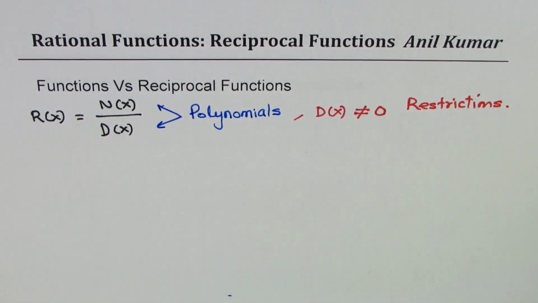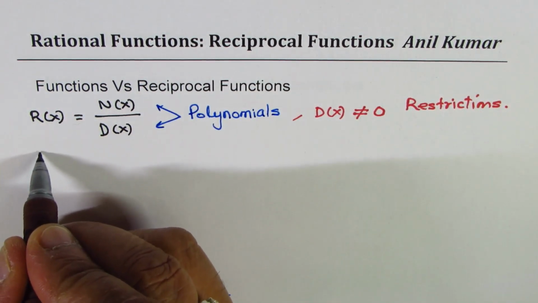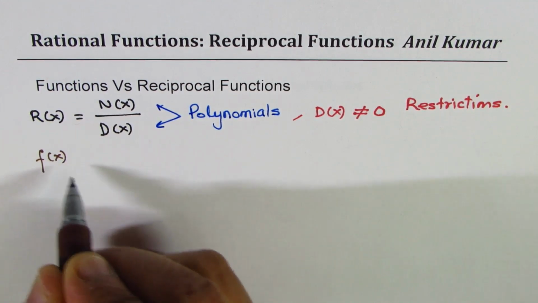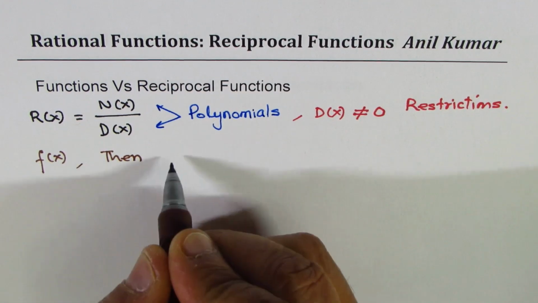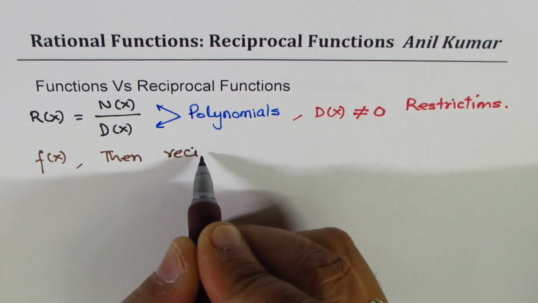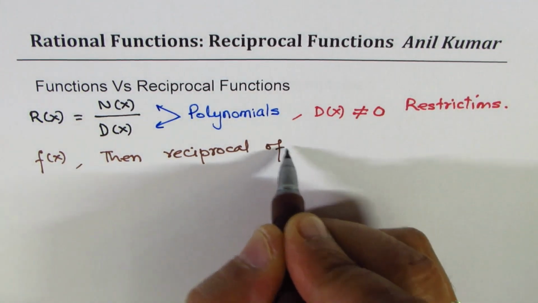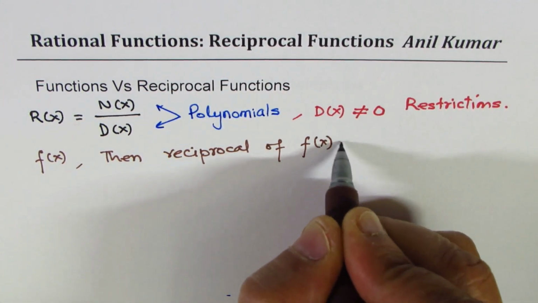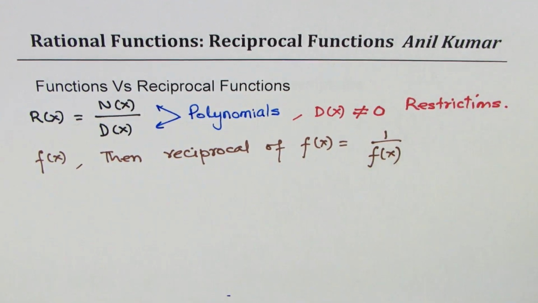Now, what are reciprocal functions? If f of x is a function, then what is the reciprocal of f of x? It will be equal to 1 over f of x. That is what reciprocal is.